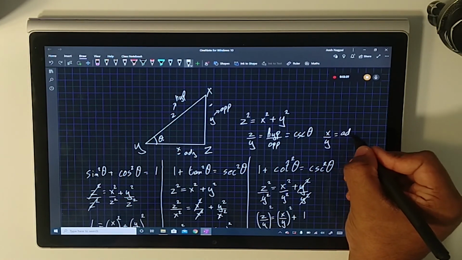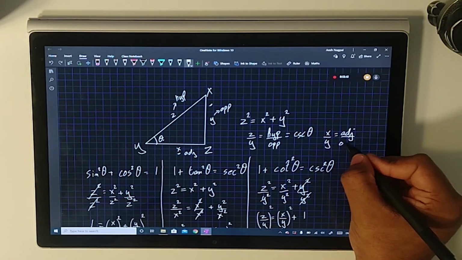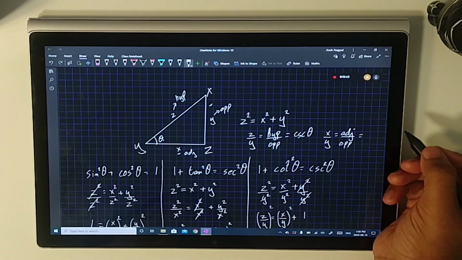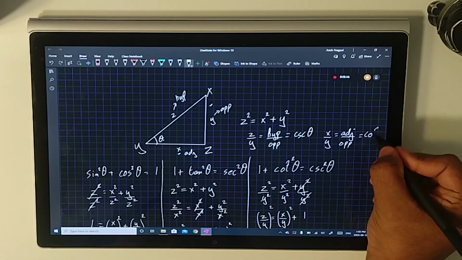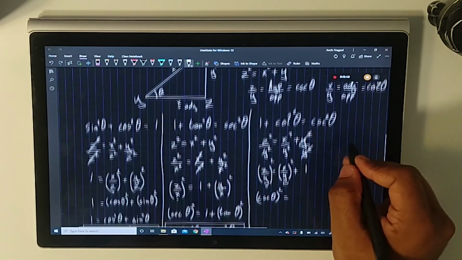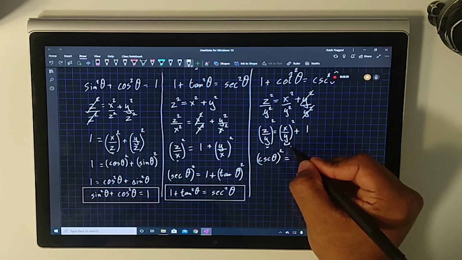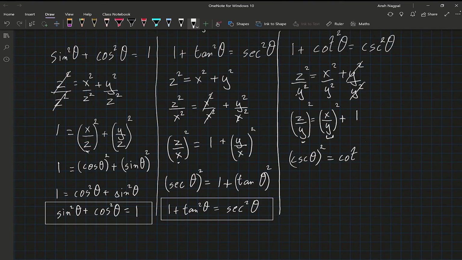X is our adjacent and y is our opposite. And what is adjacent over opposite? Yeah, cot theta. So I can replace x over y with cot theta, and then square as given in the equation, plus 1. And now I can rewrite the equation as 1 plus cot square theta equals cosecant square theta. And that's it for our third proof.